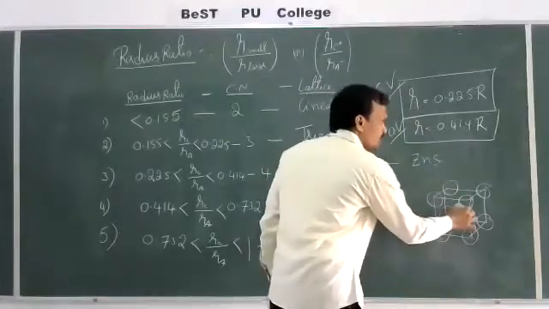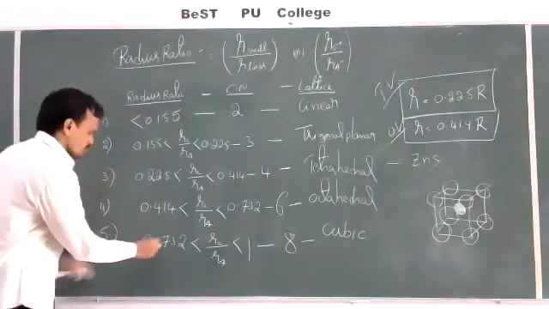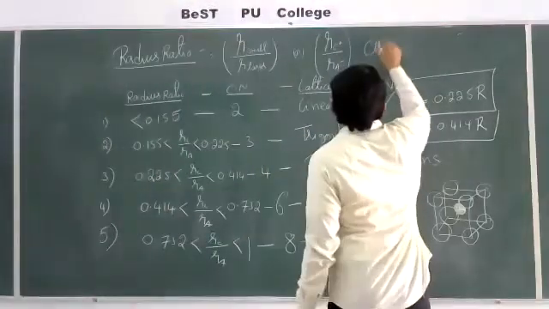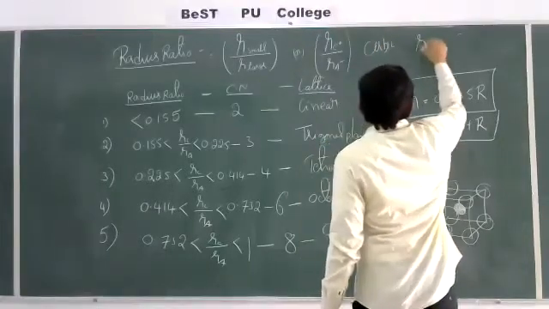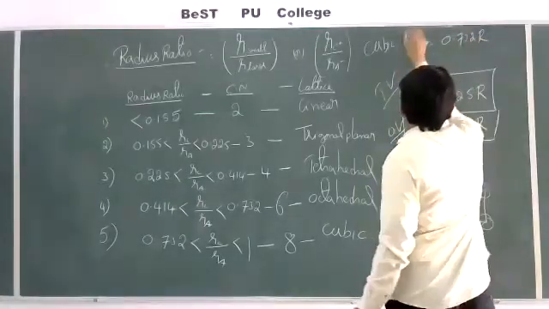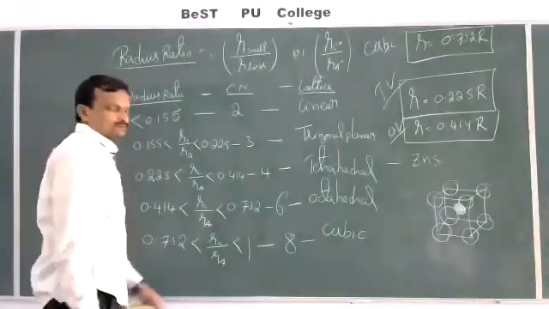Now the radius of this particle is 0.732 R, meaning the cubic void will be occupied when the radius of the small particle is 0.732 capital R. That is nothing but the BCC lattice.